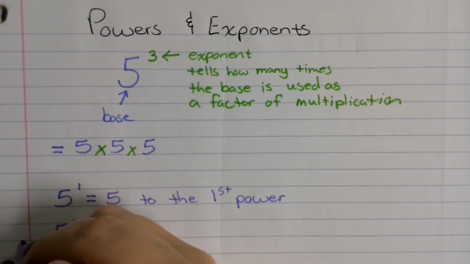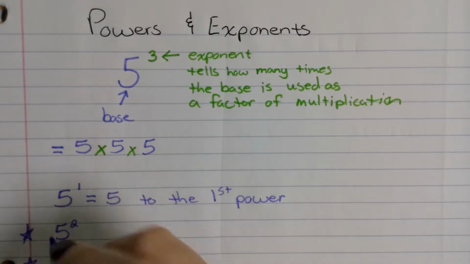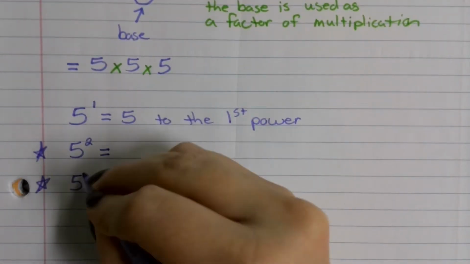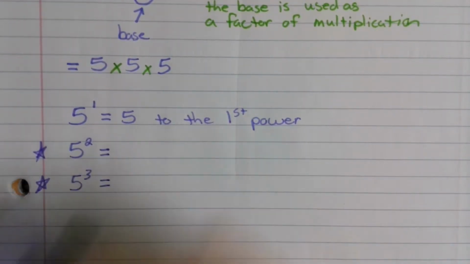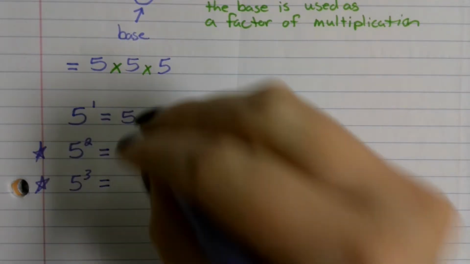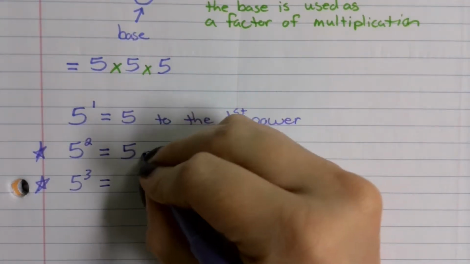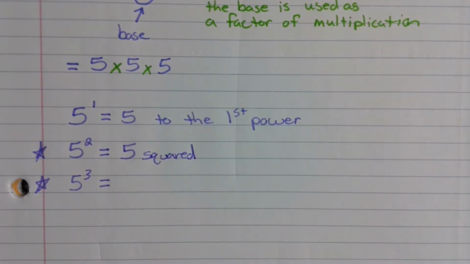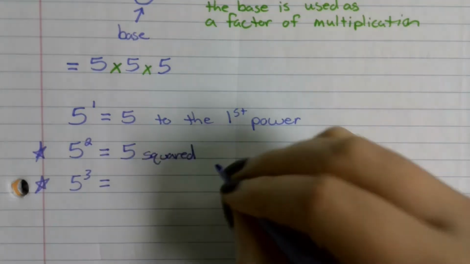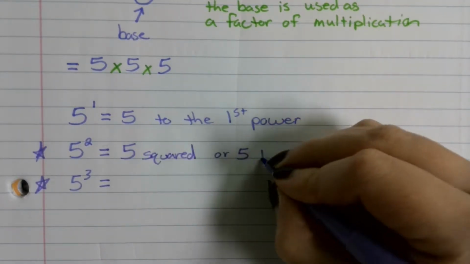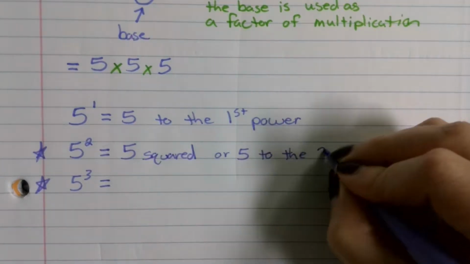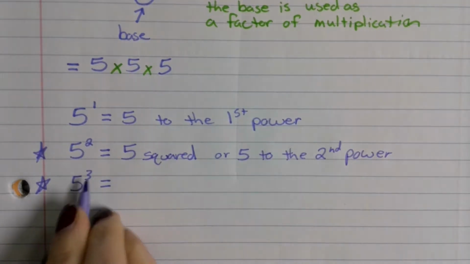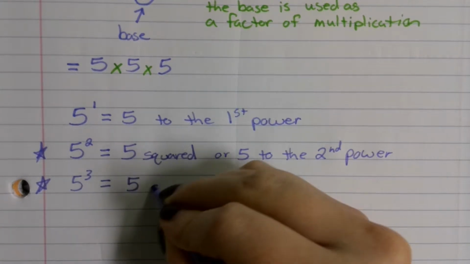Now there are two very special powers, 5 to the second and 5 to the third. They're special because they have some other way to be phrased. The more common way of phrasing this is 5 squared. So if you hear me say 5 squared, that means 5 and the exponent is a 2, or 5 to the second power. And then if you have 5 and the exponent is a 3, that's 5 cubed.